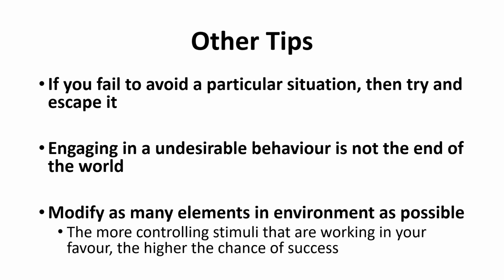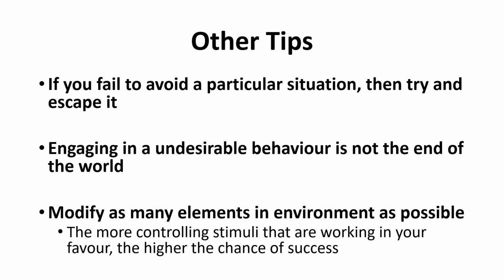but it's going to be a process. And then our last point is that we want to modify as many elements in the environment as possible. So the more things that we can modify, the more controlling stimuli that we can stack in our favor, the higher our chances of success. So even though we talked about these 9 separate procedures, you can combine and use multiples of these all together.